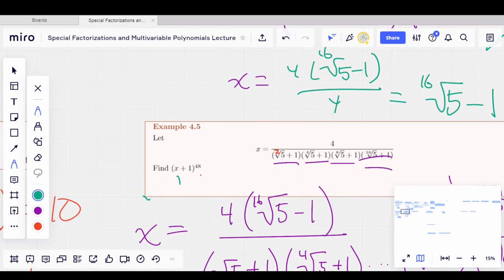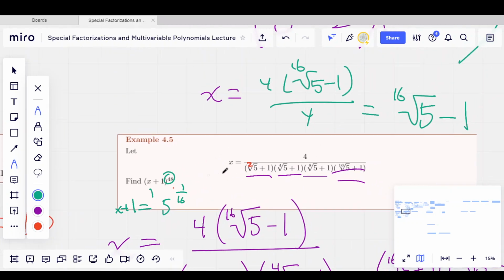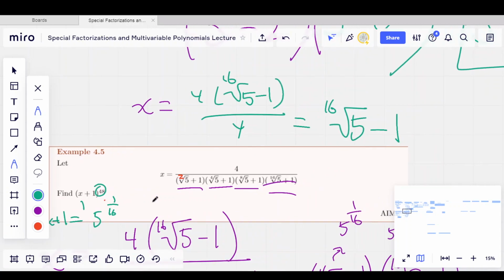So x plus 1 is 5 to the 1/16th. And then raising it to the 48th power would give 5 cubed. So the answer to this problem is 125.